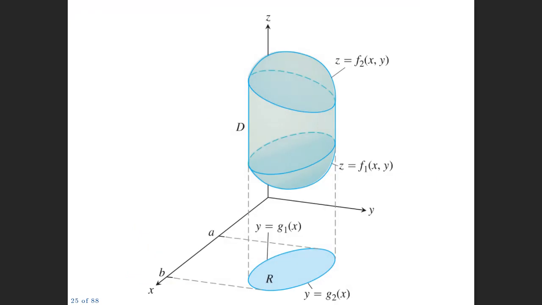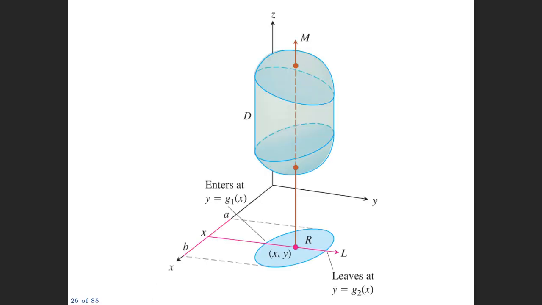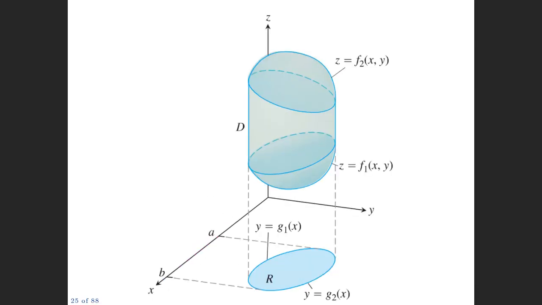Let's look at this region D. First thing we would be interested in, what are the possible values of x? Oh, here they are.